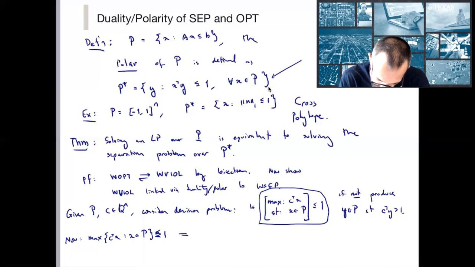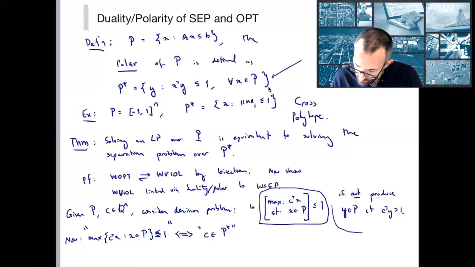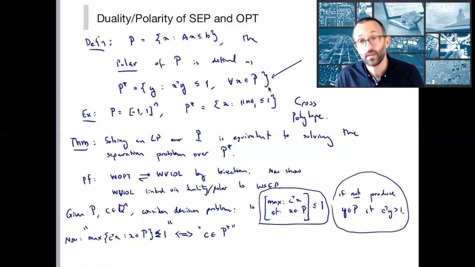So this statement here is exactly equivalent to writing that C is in P star. And moreover, what about the second part? If it's not, what is a Y in P such that C transpose Y is greater than 1? What is that with respect to the polar? It's exactly a separating hyperplane. Y is that separating hyperplane.